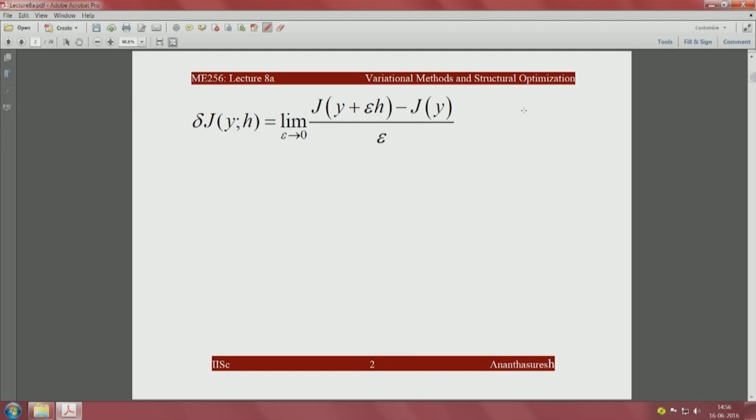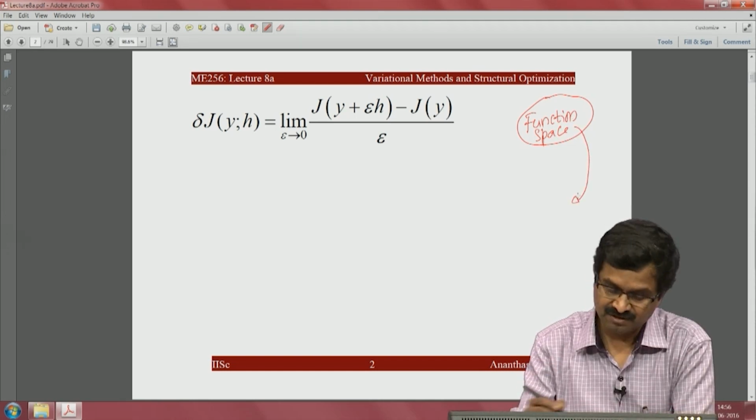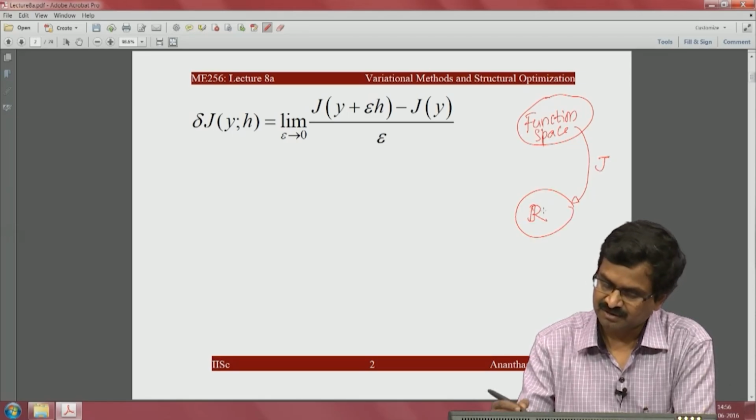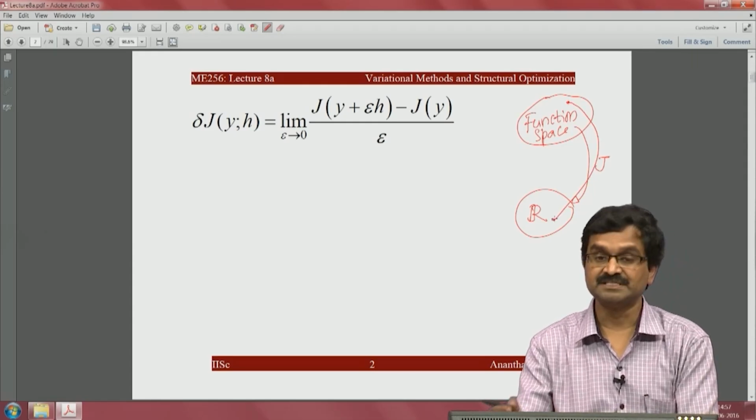So, we have this functional, and we have the function space here, meaning there are a lot of functions in it, that is going to be mapped by this functional j to a real number space R. If I take any function here, there will be a mapped real number here, that is what j does.